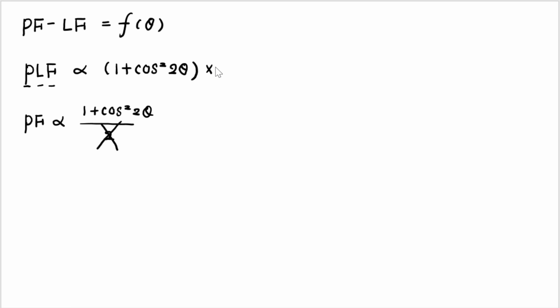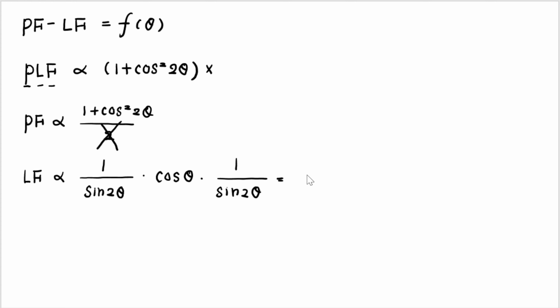And then we need to consider the Lorentz factor. Lorentz factor: sine 2 theta, the first one, and then cosine theta, and the last one, once again, sine 2 theta.